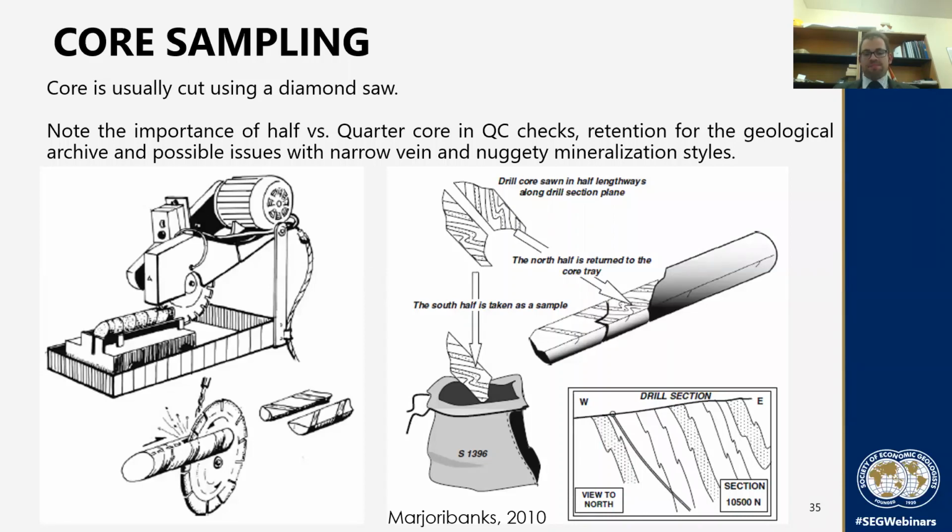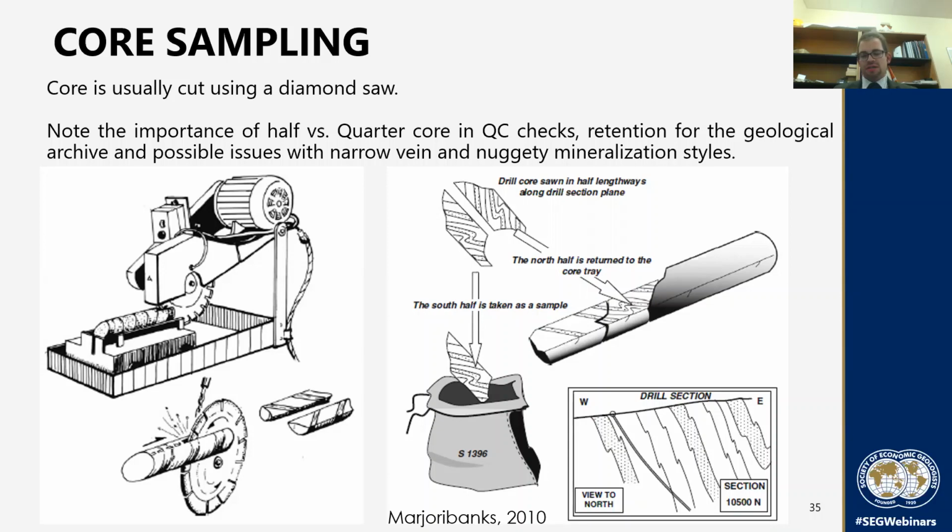the cut line. The next important aspect that most of us deal with, especially if you're working in narrow vein mineral deposits, such as orogenic gold or any sort of tin and tungsten deposits, is what happens if you sample the two halves of your core.